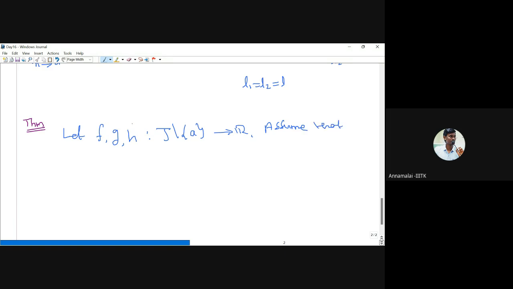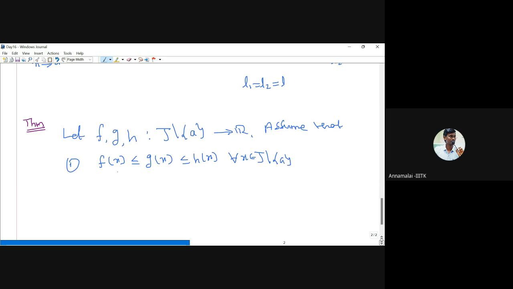The first assumption, as we already discussed for sequences, is the sandwich lemma. Similarly here, suppose f of x is less than or equal to g of x, less than or equal to h of x for all x in J minus A. This is the first assumption.